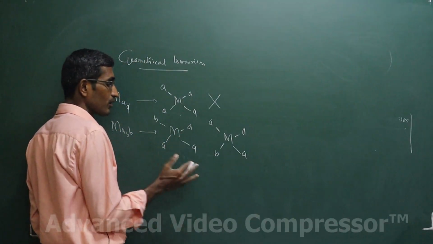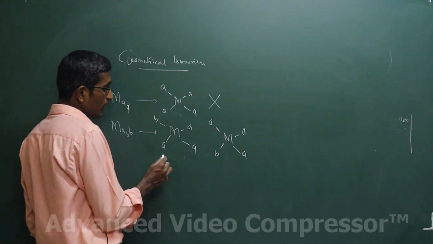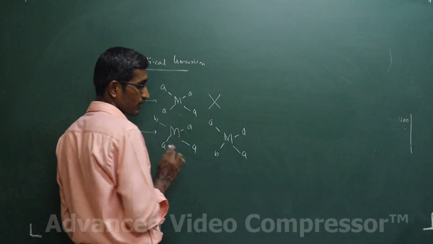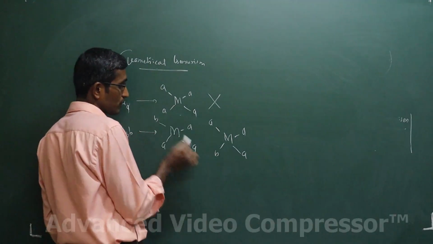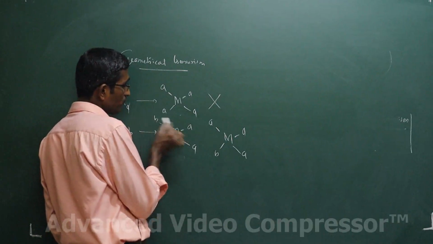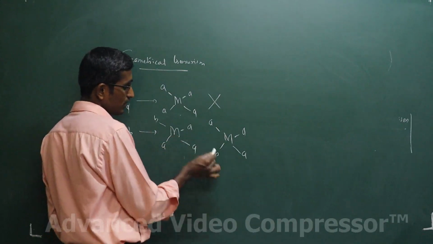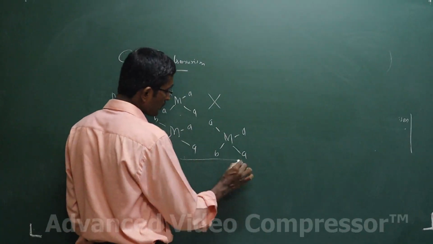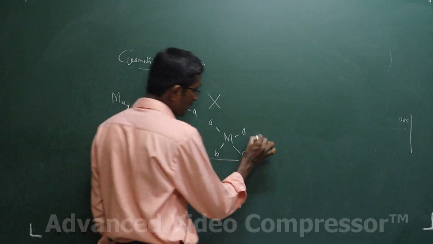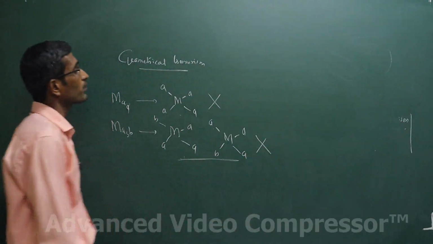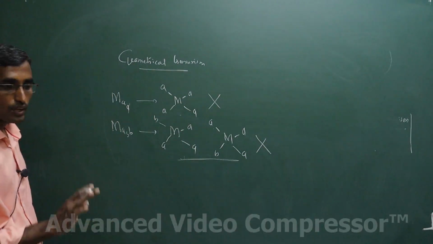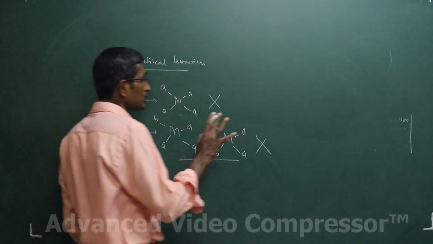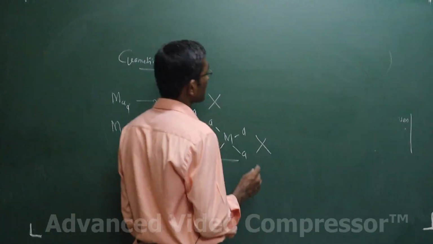Because nature-wise all the ligands are same, and hence I cannot write two different isomers. Both the isomers are same. In this case also B is opposite to A, and adjacent to two more A. So both the forms are same. And hence in the MA3B complex also, geometrical isomers are not possible.